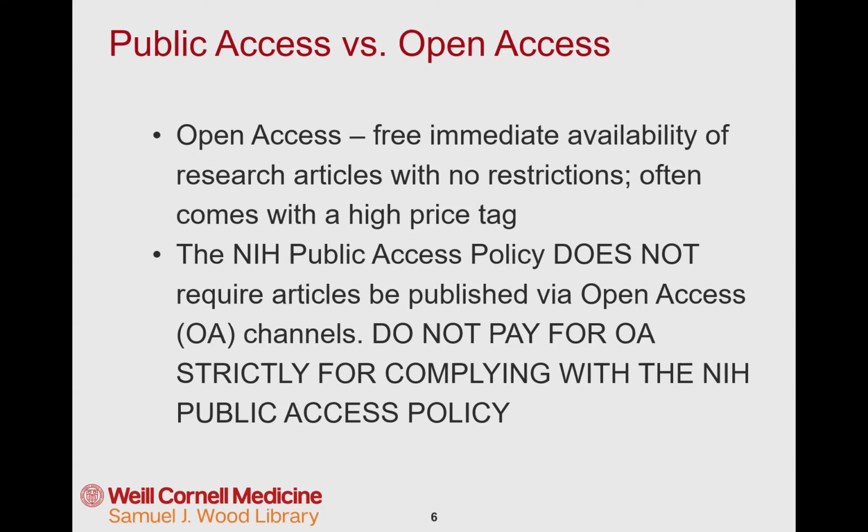Like you will often be able to supply the article instead of the manuscript to PubMed Central, which can speed up the process and make things a little easier and quicker. Does that justify the $1,500, $2,500, $3,000, $5,000 price tag that comes along with paying for the open access? That's up to the researchers to decide.